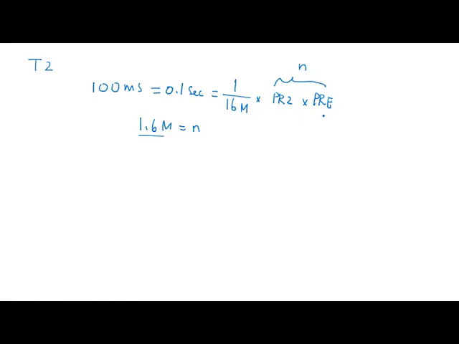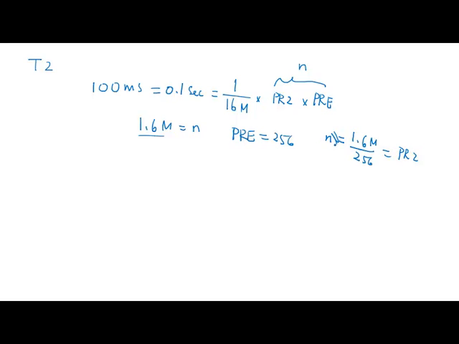So obviously I can't do this with a prescaler of 1. Let's go ahead and use a prescaler of, let's say, 256. Then n is going to be 1.6 million divided by 256, and that's going to be a number, whatever it is. You put that in PR2.